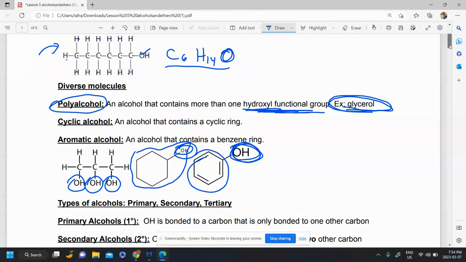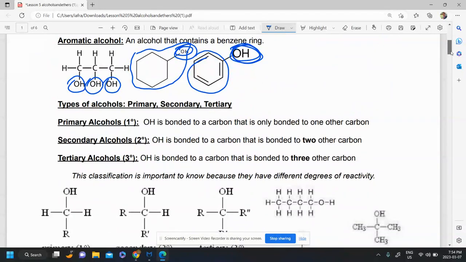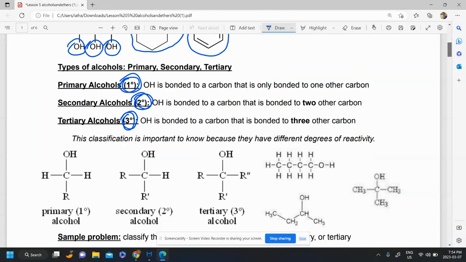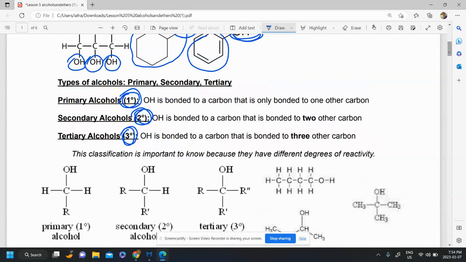So before we go into naming, I want to take a look at the different types of alcohols that exist. Alcohols can be classified based on primary, secondary, or tertiary. And the reason we classify alcohols in this way is because this does affect their reactivity quite a bit. So if you look at a primary alcohol, that's an alcohol where the OH is bonded to a carbon that's bonded to only one other carbon.